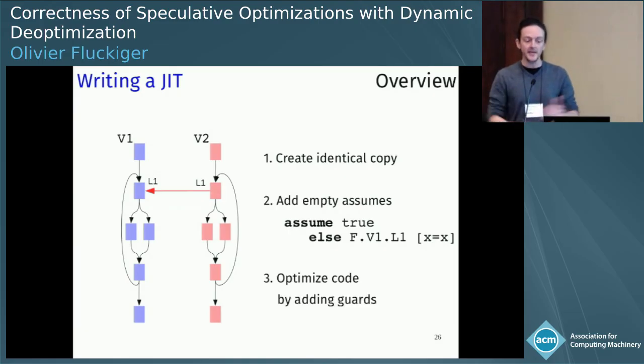And then once I have established this structure, I can start optimizing the red version here, and I just need to make sure that the mapping stays intact, that the deoptimization points stay valid. So that's the general structure.